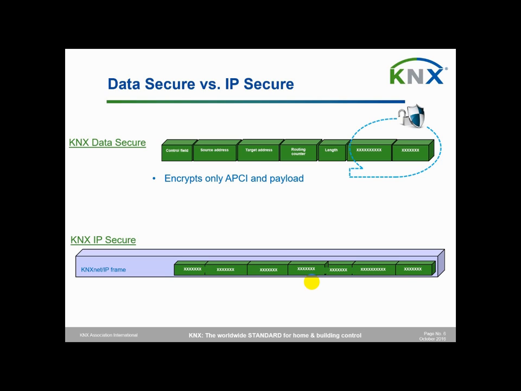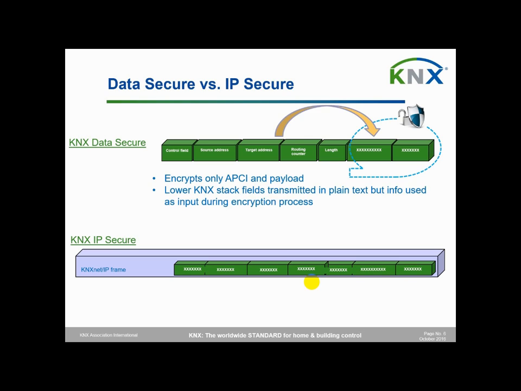All these services have an identifier and some useful data, also called payload, and only those two fields of the telegram will be encrypted. However, the non-encrypted fields will be used as input for the encryption of APCI and payload.